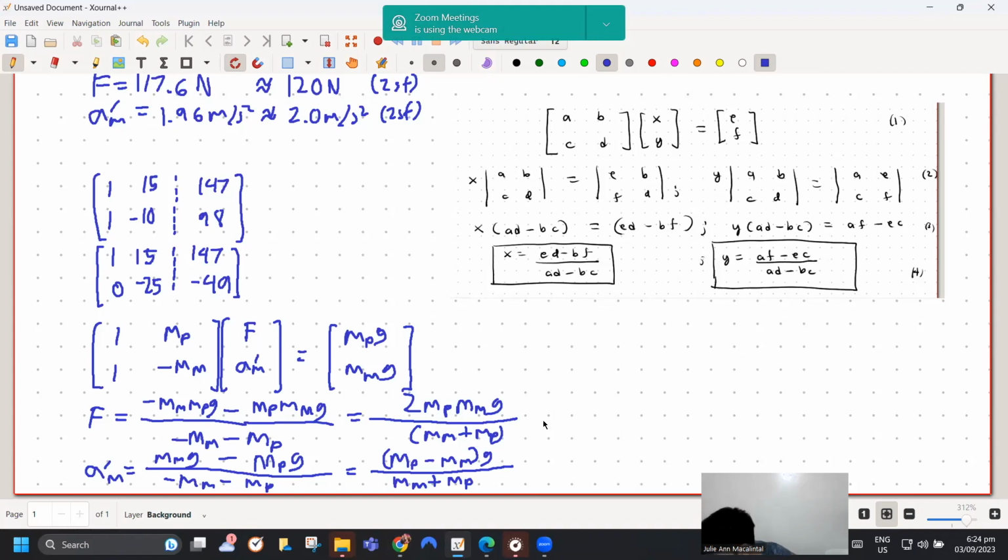Ayun. So, and then at the end, pag sinubstitute mo, dapat pareho yung magiging sagot. So, do the substitution just to check.